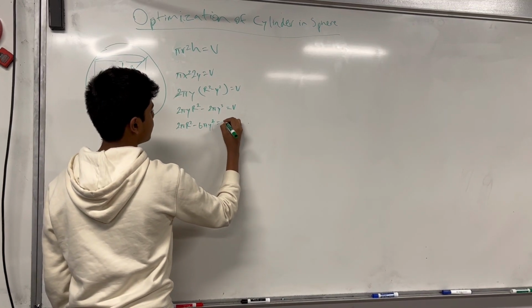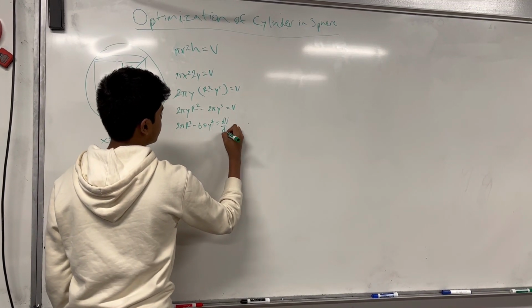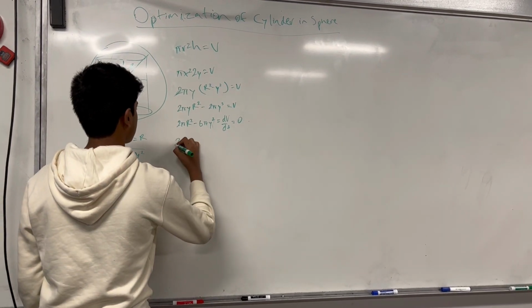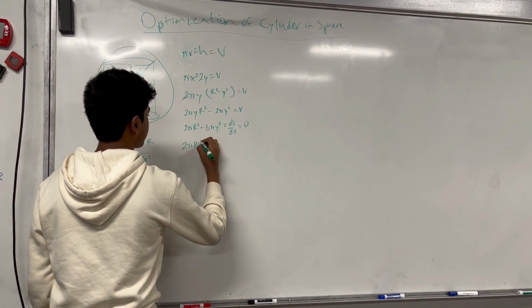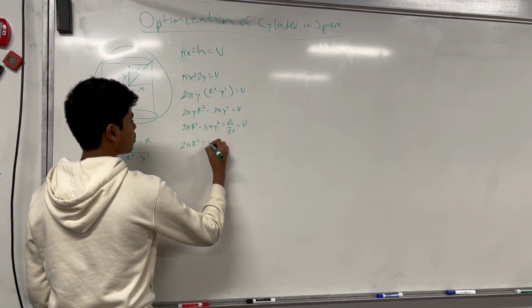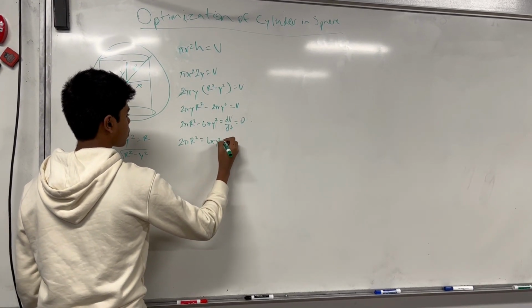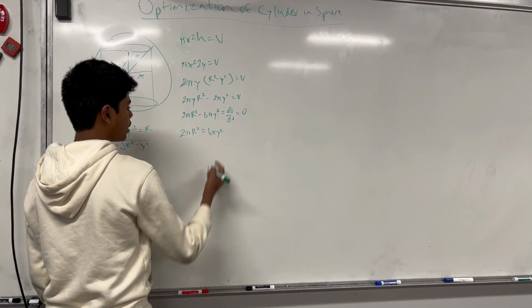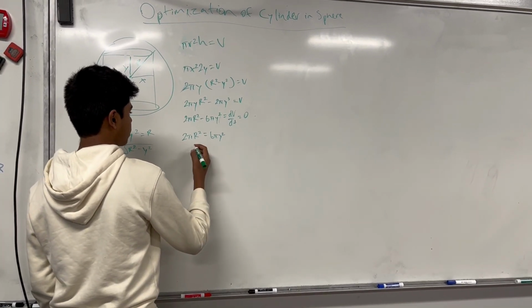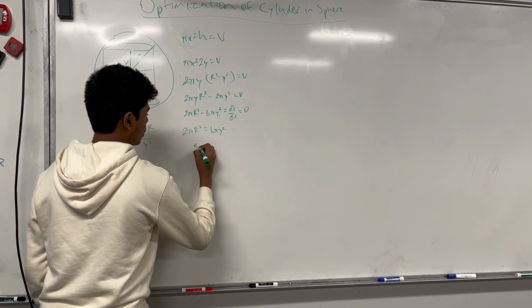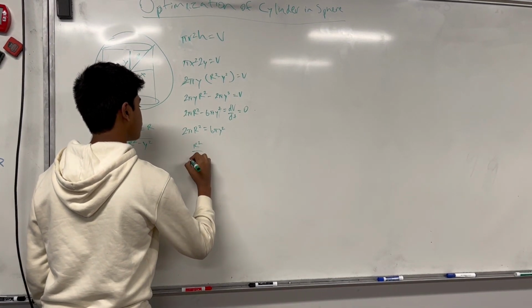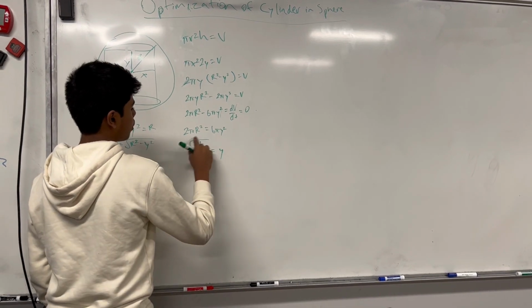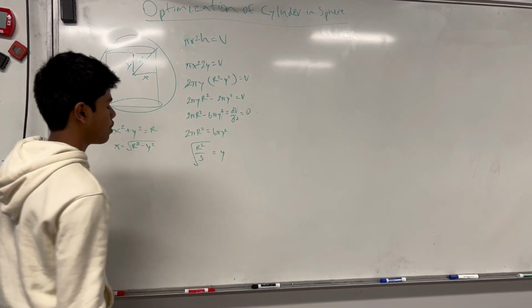And that's equal to dV/dy, which we set to 0. So then we get 2 pi r squared is equal to 6 pi y squared. So we want to isolate y, and we get y equals the square root of r squared over 3, because we move this here and we get 3 and then take the square root of that.